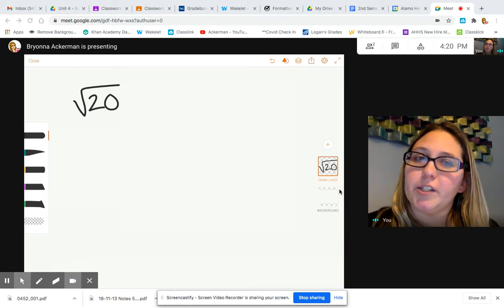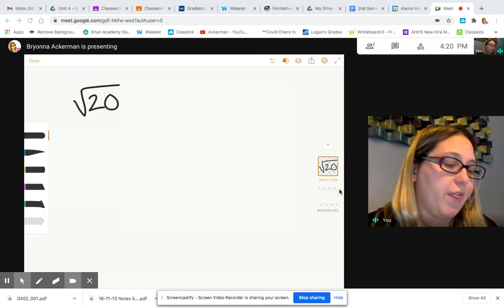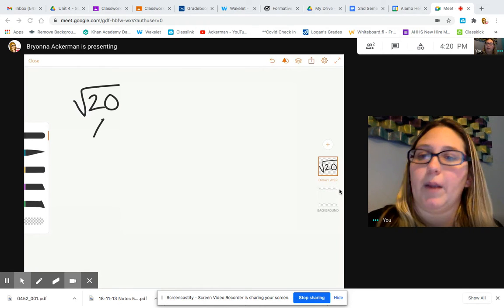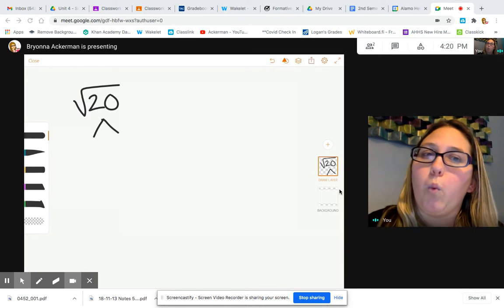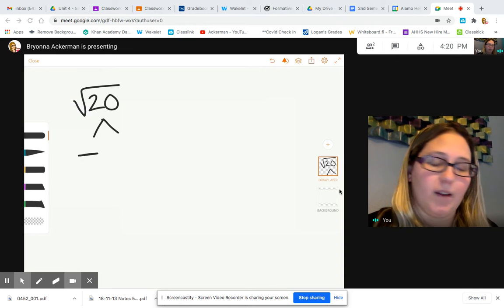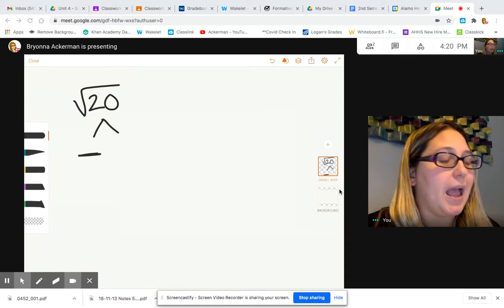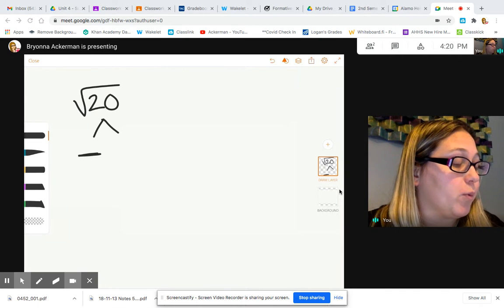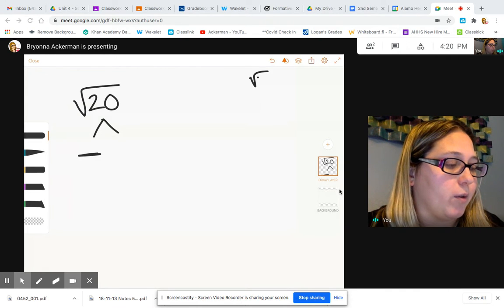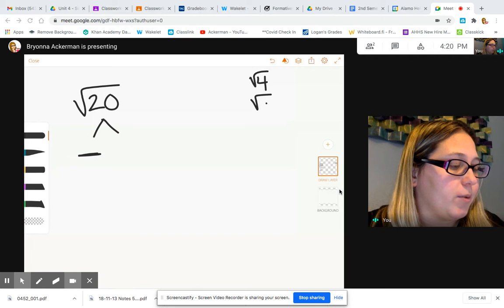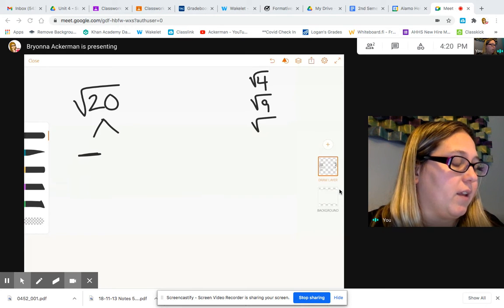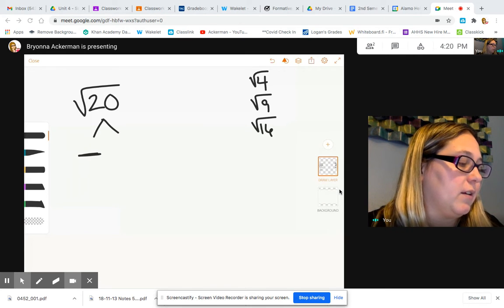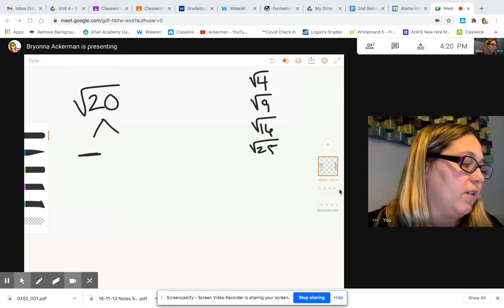What you want to do when you're simplifying these is think of a factor tree. We're factoring these, but one of the factors, just one of them, not both, has to be one of those perfect ones we just talked about. Remember the perfect ones are 2 times 2, which is square root of 4, 3 times 3, which is 9, and then 4 times 4 is 16, 25, 36, 49.